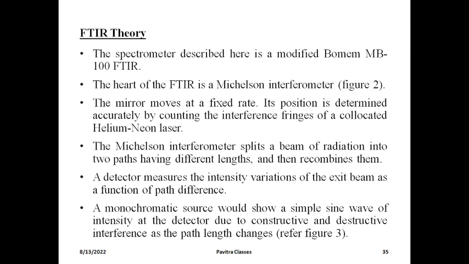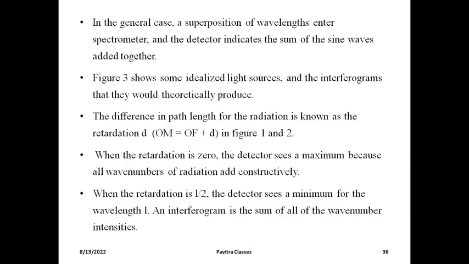A detector measures the intensity variation of the exit beam and the path differences. So with a monochromatic source, the intensity at the detector shows constructive and destructive interference. In the general case, the wavelengths at the detector are added together.